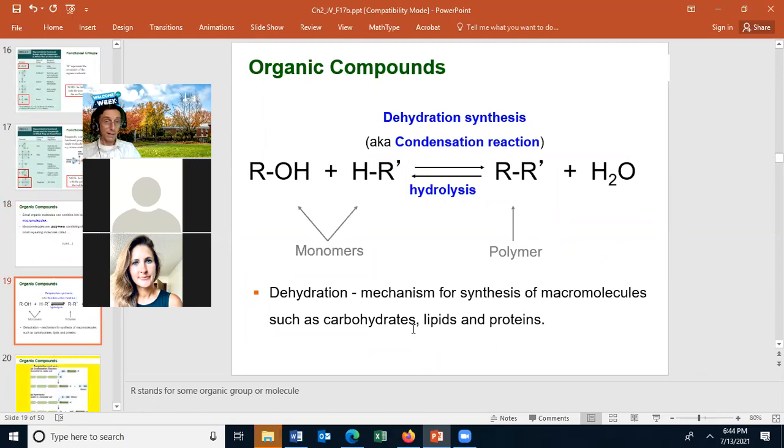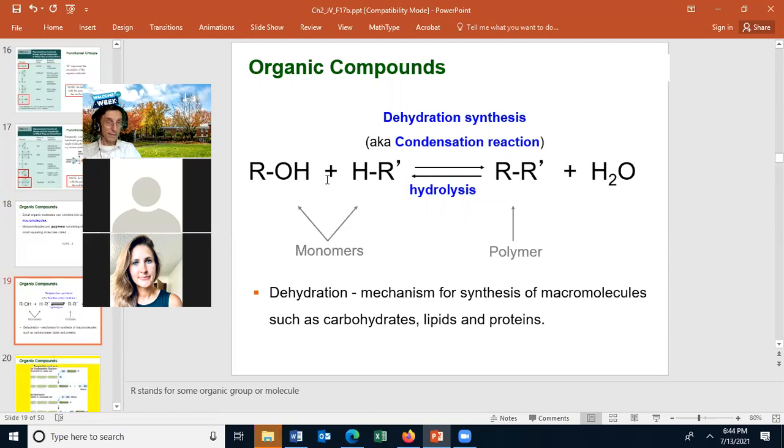With the organic chemical compounds, we can combine two monomers to make a polymer by taking off an OH group from one monomer and a hydrogen from another monomer to make water, and then link directly this R group that's part of the organic compound to this R group.